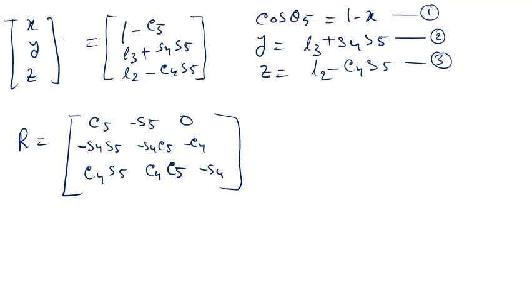From there you can get the value of theta 4. Once you have theta 4, you can put this value here and find the values of L3 and L2. So this is the way you can solve it.